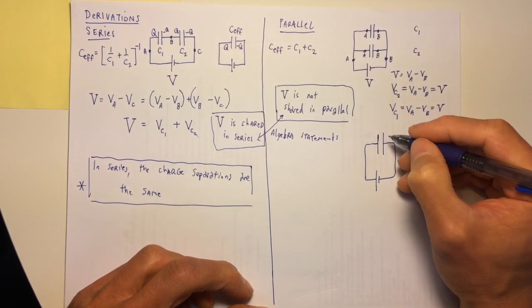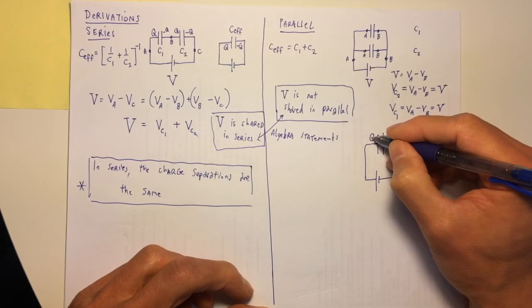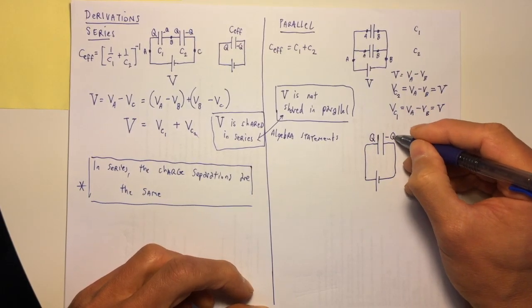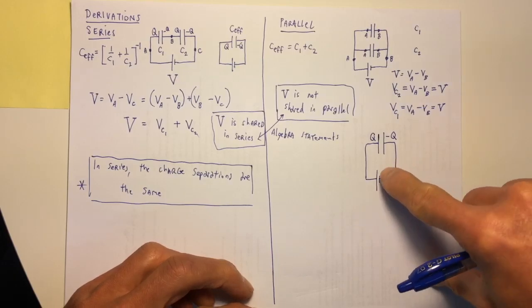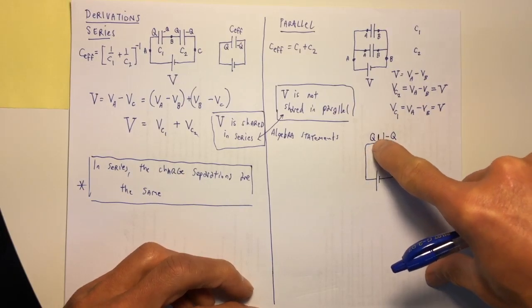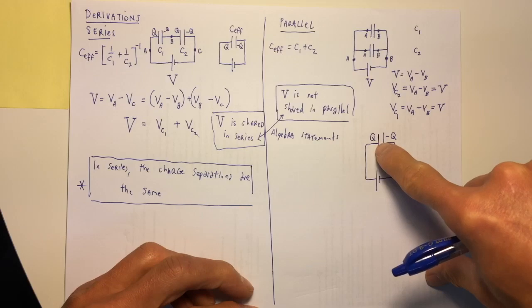So if the effective capacitance gets Q and minus Q, then this battery must have put a total charge of Q on the left side.